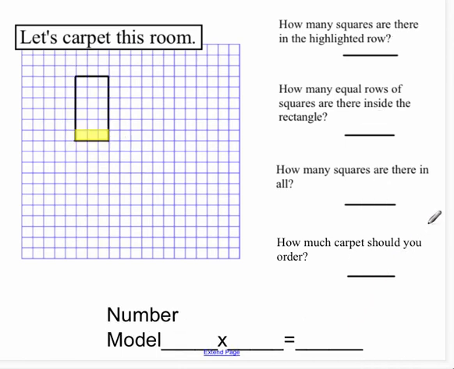Okay, let's do another one. How many squares are there in the highlighted row? Take a moment to think about that. Yep, it's a pretty small row, so we have 3 squares. How many equal rows of squares are there inside the rectangle? Take a minute to count them. And there are 6. How many squares are there in all? Go ahead and figure that out.